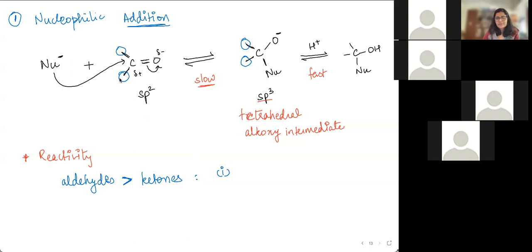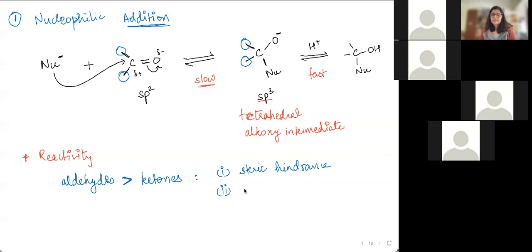So in aldehydes one of these is hydrogen, in ketones both of these are alkyl groups. So steric hindrance is a factor. So ketones has a lot of baggage. Pura structure badalna hai, so it's going to be slower than in the case of aldehydes. Because hydrogen hai, it can alter the shape structure quite easily.